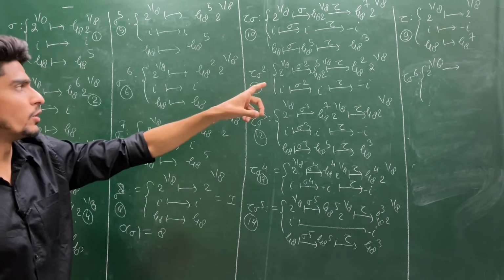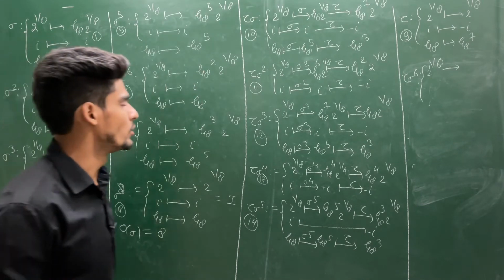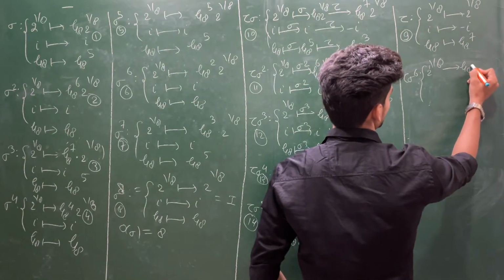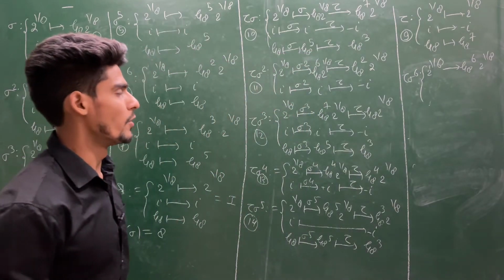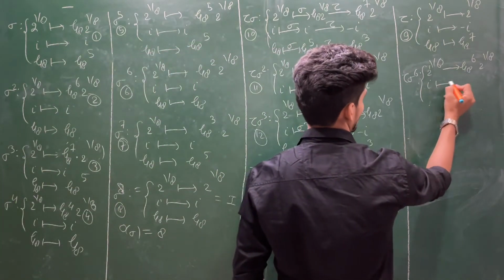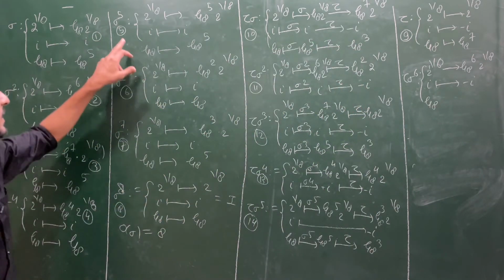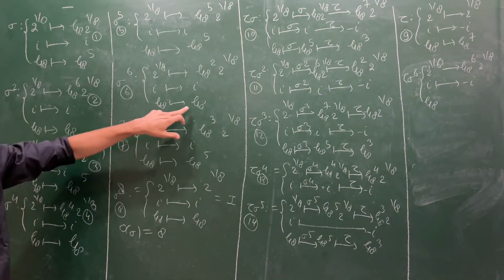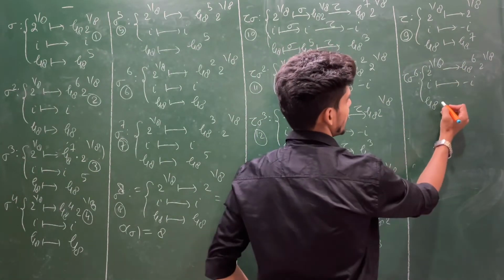Again, if you operate tau on that, you will have zeta_8^14. But then zeta_8^14 is the same as zeta_8^6 · 2^(1/8). If you operate on iota, it will simply go to minus iota. If you operate on zeta_8, see, sigma^6 is sending zeta_8 to zeta_8. So if you operate tau again, you will have zeta_8^7.